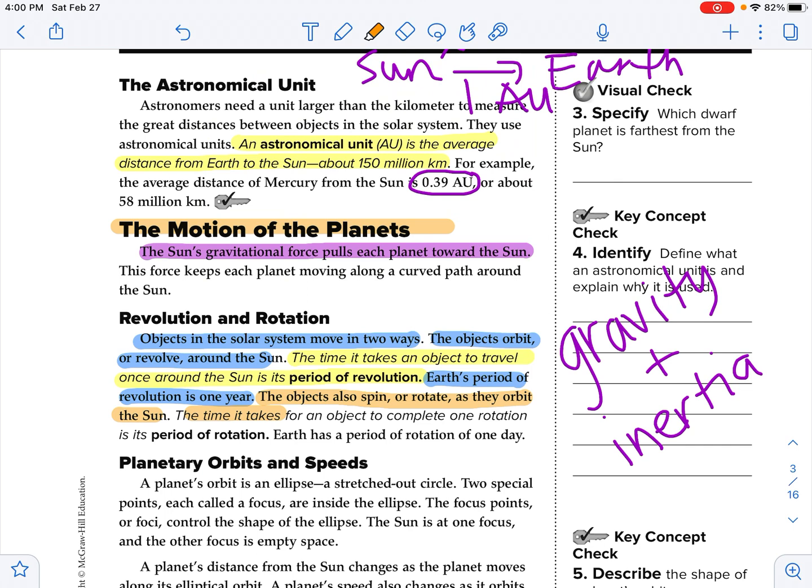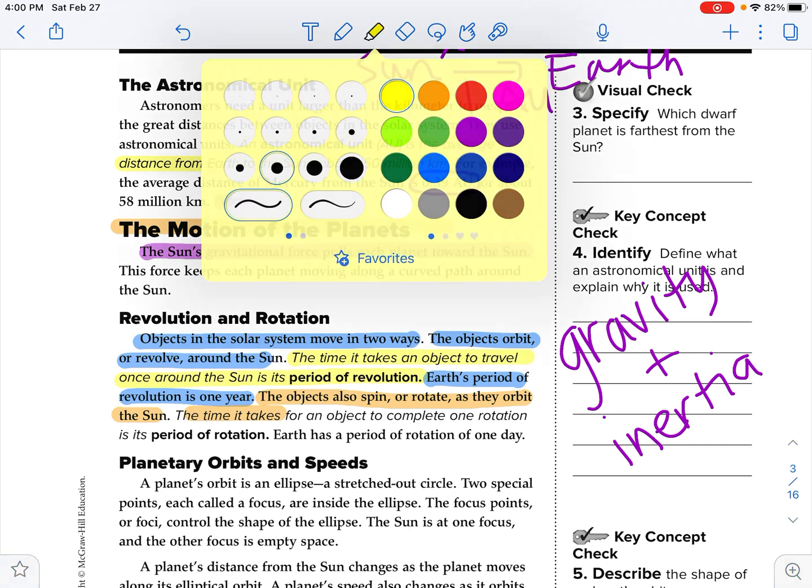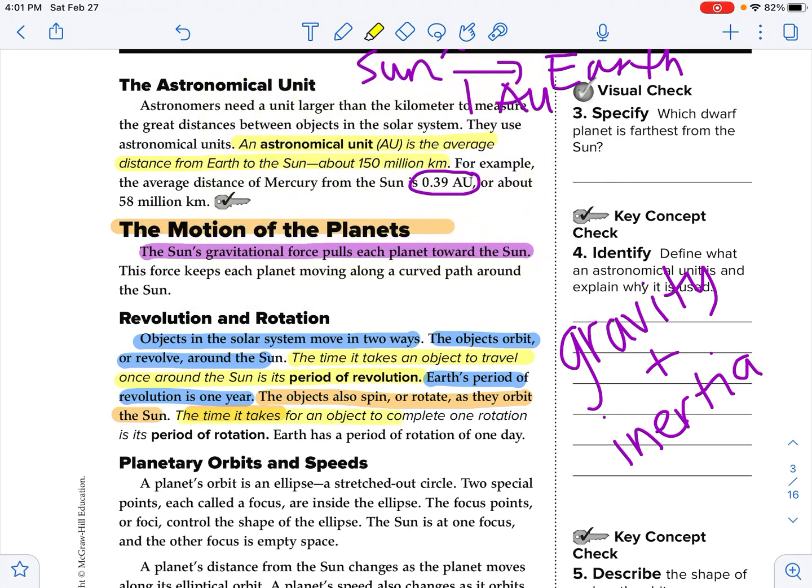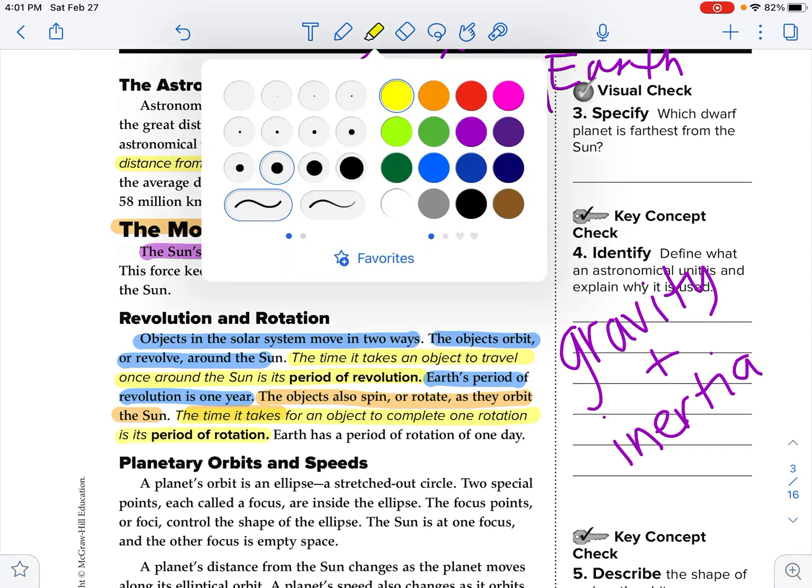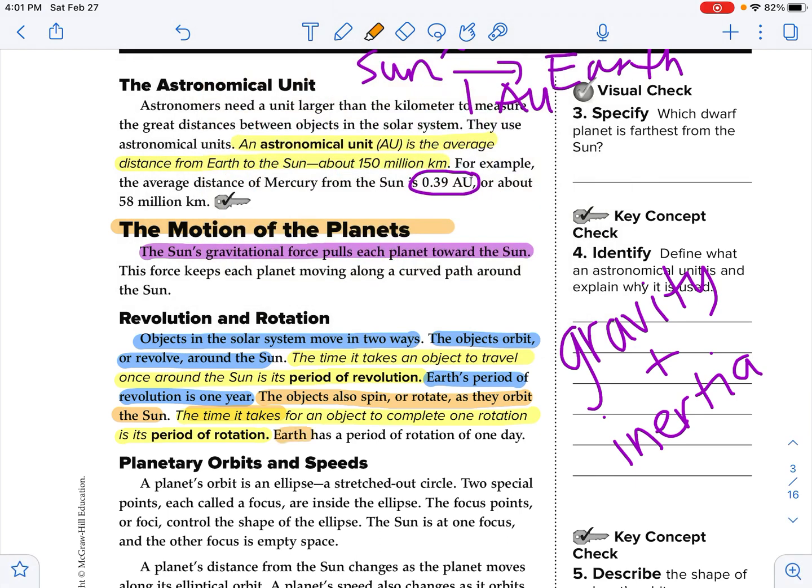The time it takes for an object to complete one rotation is its period of rotation. Earth has a period of rotation of 1 day or 24 hours, right?